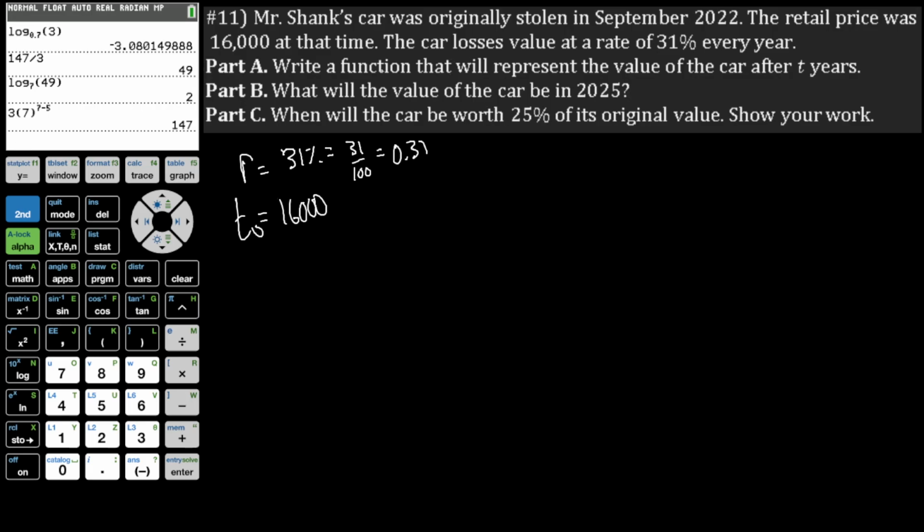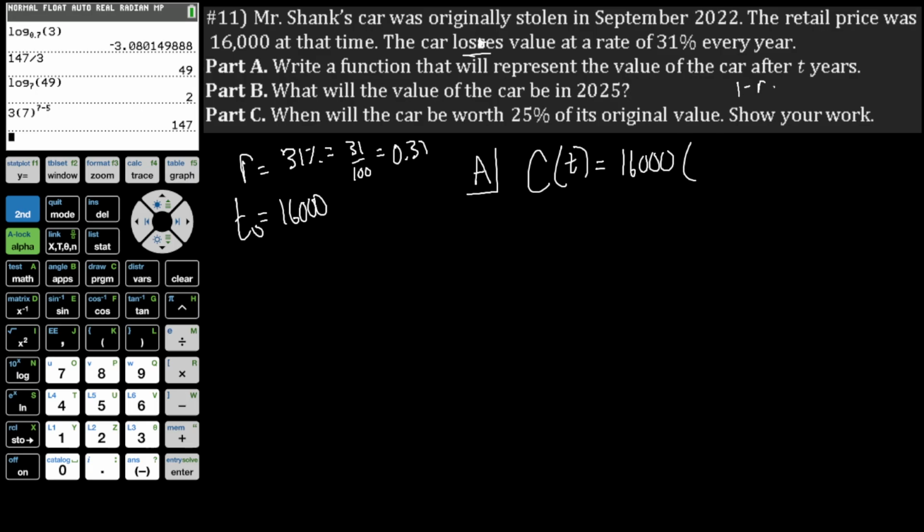So now when I go to rewrite my equation for part A, let's say my car, C in terms of t, is going to be equal to 16,000, my starting price, times 1 minus r, because we're talking about loses.